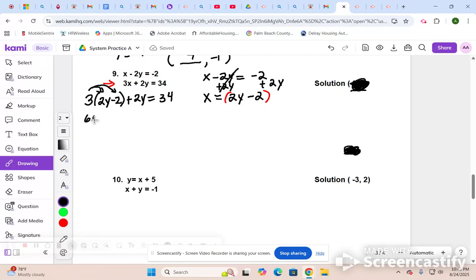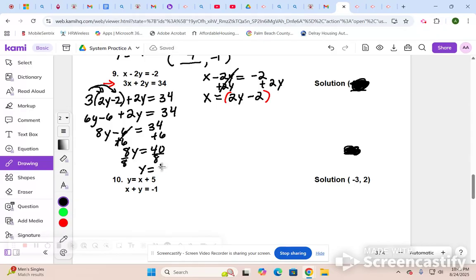So we'll have 6y minus 6 plus 2y equals 34. 6y plus 2y is 8y, minus 6 equals 34. Add 6 to both sides. 8y equals 40. Divide by 8. That means y equals 5.